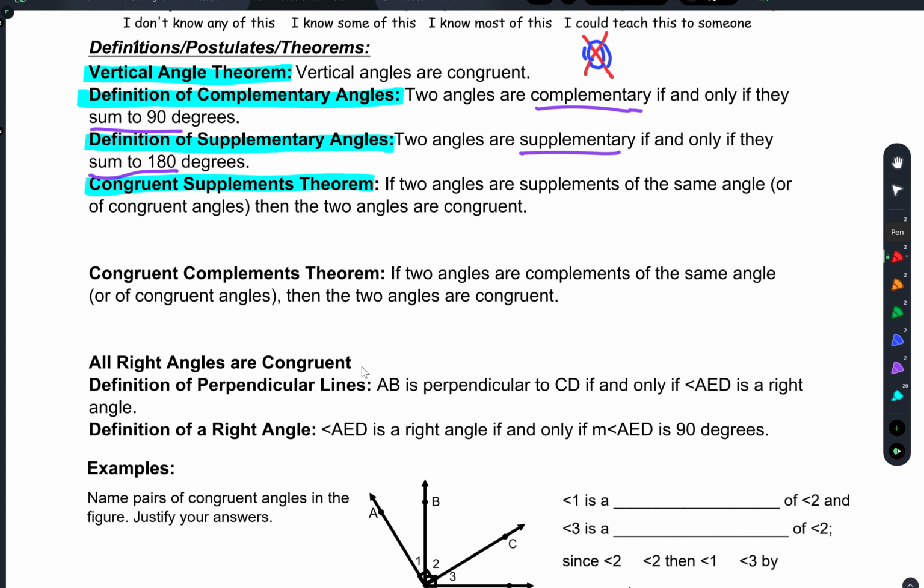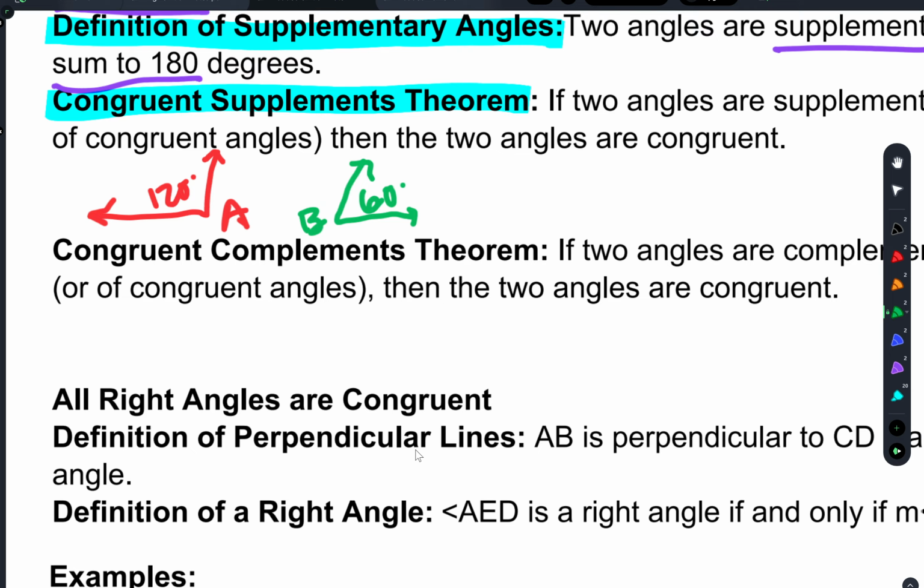Basically what this says is, if I have angle 1 here, or let's call it angle A, is 120 degrees. Then I have angle B is 60 degrees. Those two things are supplements, right? They add together to make 180.